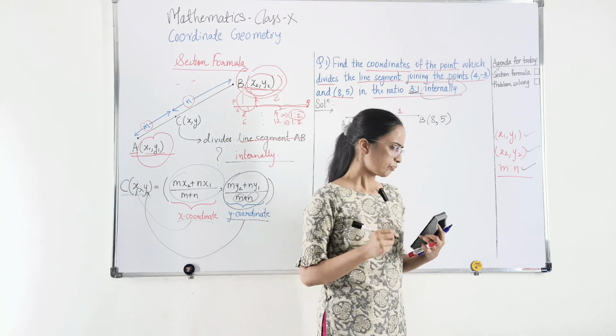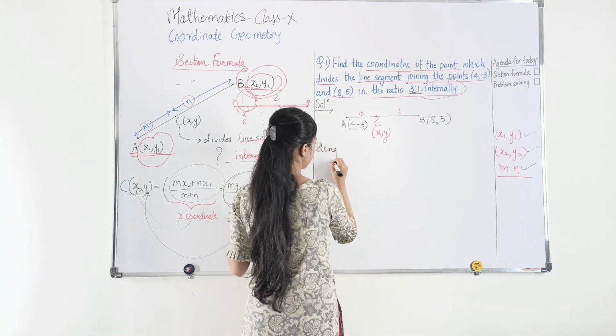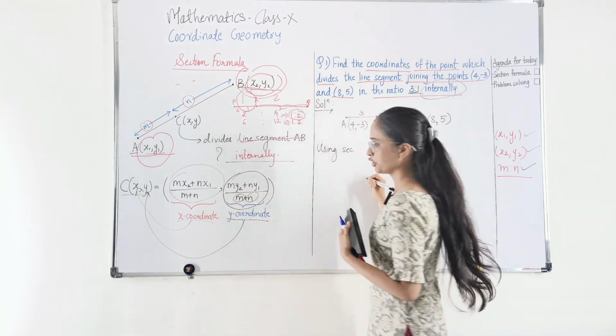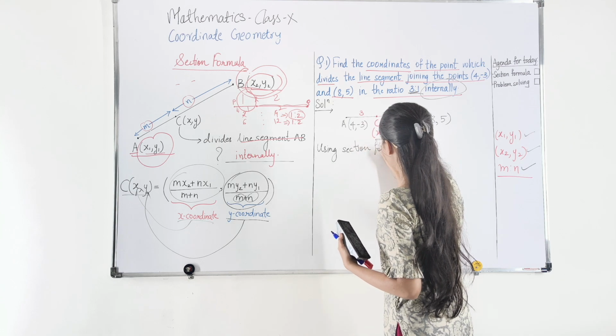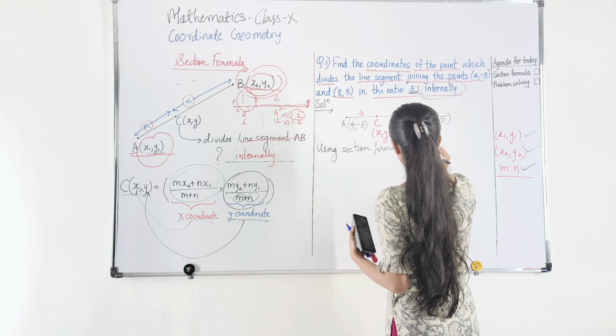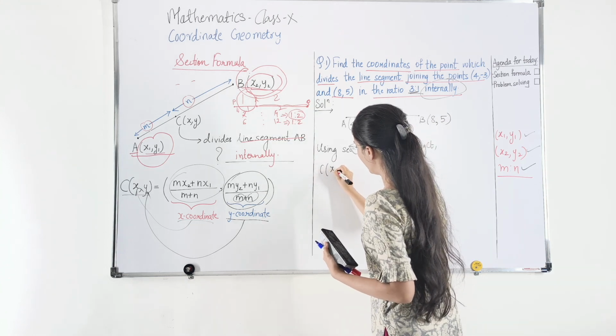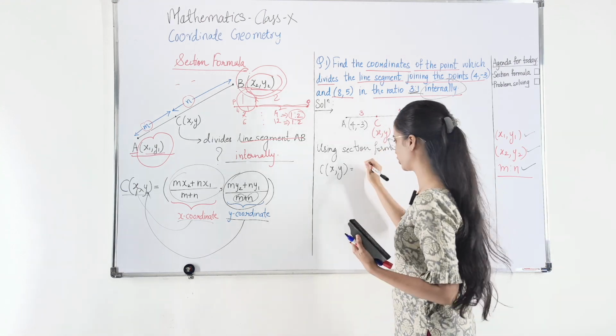Now let's start the problem. So you will say, using the section formula, we get C of (x, y) would be equal to, you are supposed to mention the section formula.